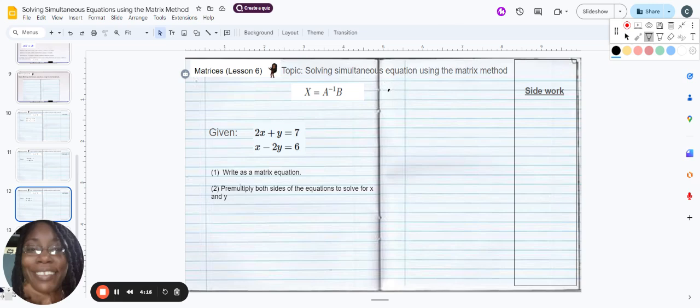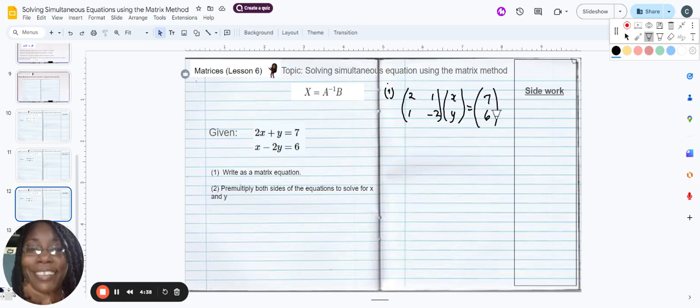All right, for your question 1, it should look like this. Your 2 by 2 matrix: 2, 1, 1, -2. If you had that, give yourself a mark. In this question again, we're still using x and y, and our solution will be 7 and 6.